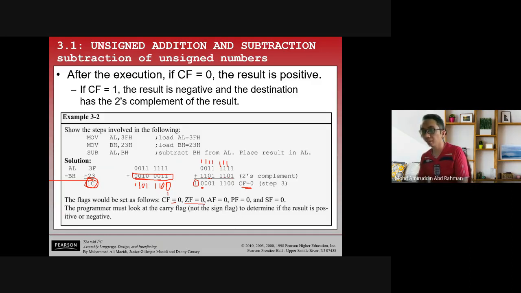And then AF is 0, and PF is still 0, because we consider the number of 1s. Over here, we have 3 ones, so it is an odd number. It's considered only for an even number, so that's why the PF is 0. And the sign flag is 0.